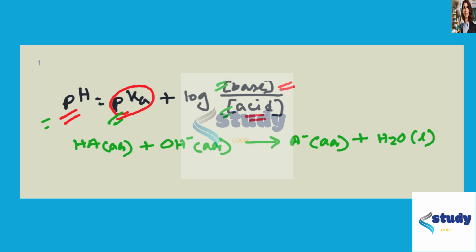We have to find the equilibrium concentration of the acid HA and its conjugate base A minus.